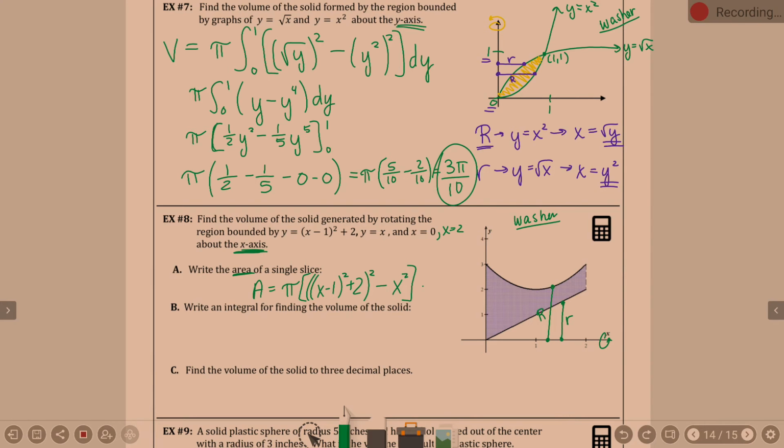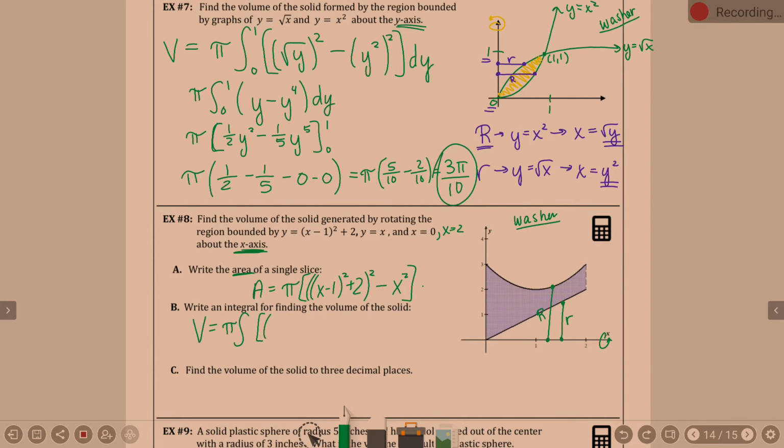Now, integral for finding the volume of the solid. What are we basically going to do? Take the area and put it in an integral. So if we take the area and put it in the integral, volume is pi times the integral. And I'm going to put the whole thing in a big bracket.